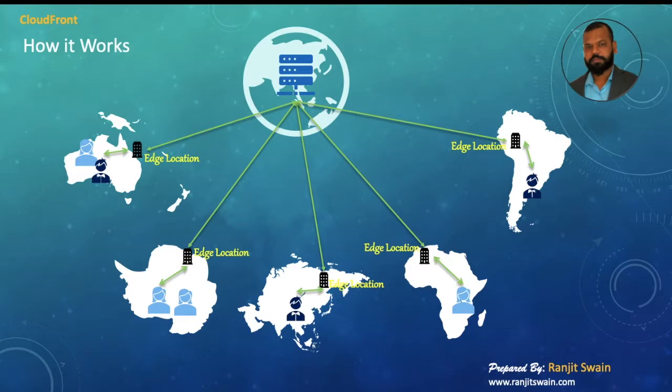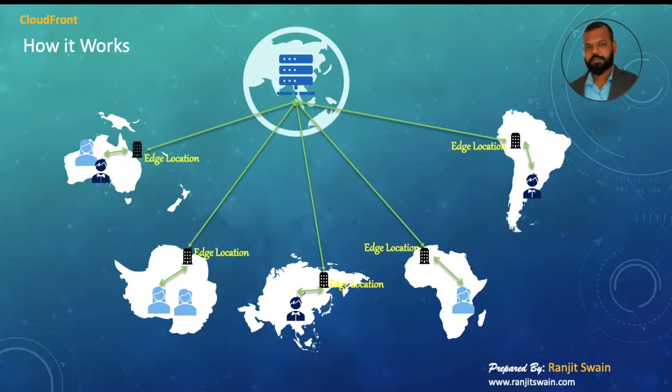The request will go through the edge location and get the data back. The data that comes from the server will be cached in the edge location. So next time when the user visits that website, the content will be available in the edge location, not in the server. So you'll get faster data than the normal way of getting the data from the server, right?